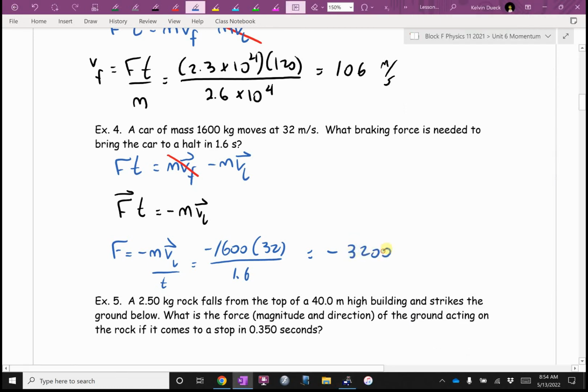Cole, it's a force, units? Good. What's the negative telling me? If the car is going forwards and I want to bring it to a stop, what direction must the force be? Backwards. If the car is going north and I want to bring it to a stop, which way must the force be? South. So I'm okay with that negative, actually. That doesn't creep me out. That says I probably did it right. Okay.